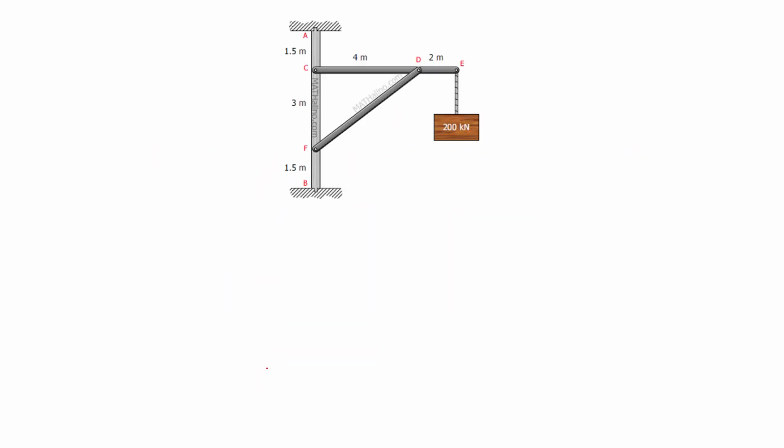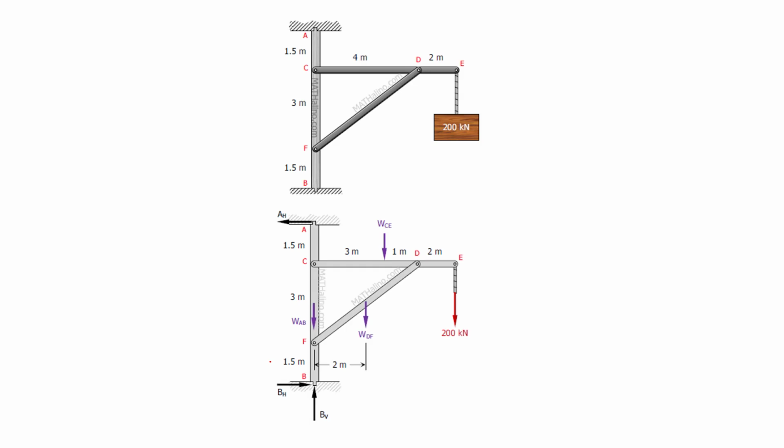This is the frame. First, let's draw the free body diagram. Free body diagram, as you can see here, the weight of this load, this external load, and the weight of this stick, and it is acting at the middle of this stick because this is homogeneous.